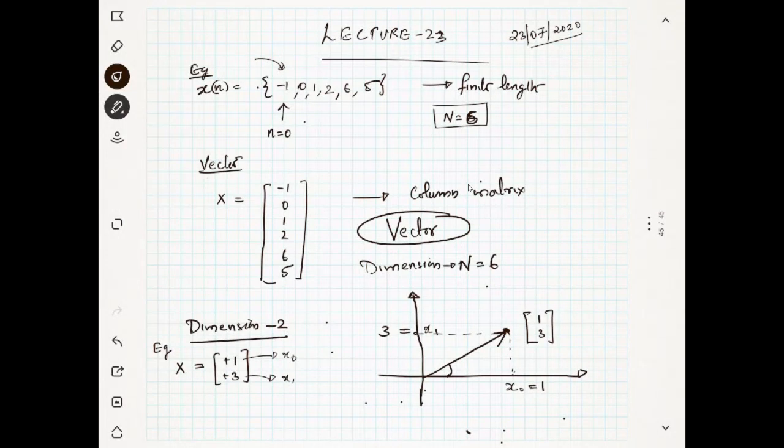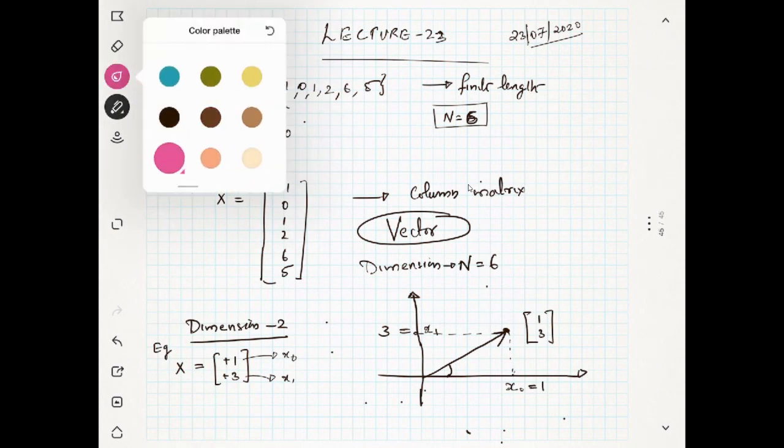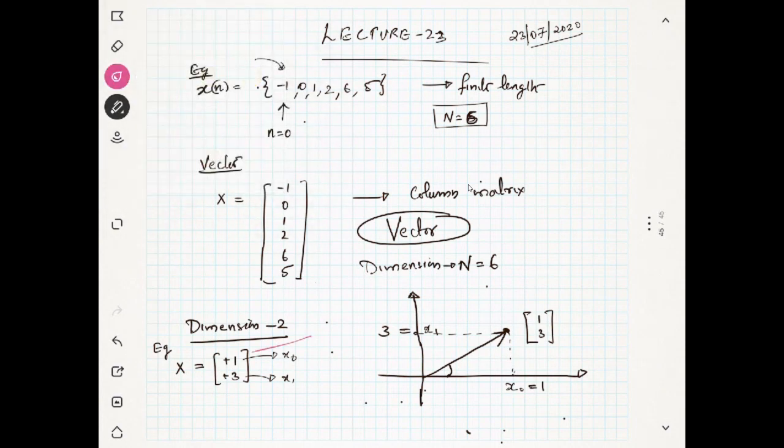I can say this is my coordinate in the x direction, and this is my coordinate in the y direction. So what is the dimension of the signal here? How many coordinates are required for this signal? Yes, the dimension is 2.